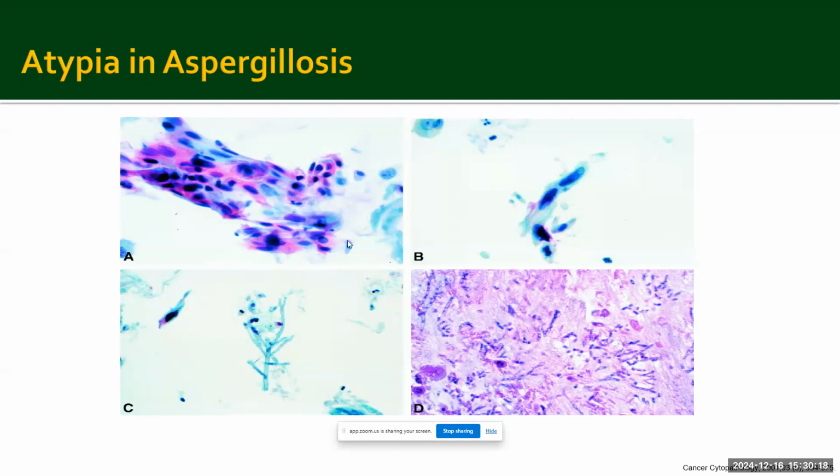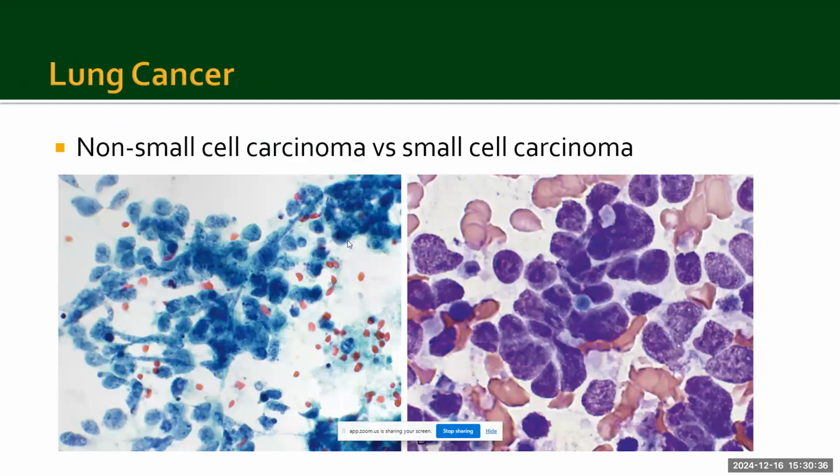And I say a clinical follow-up after adequate treatment is suggested, so that the patient still gets followed up after the aspergillosis has been treated. This was one of the articles published in Cancer Cytopathology in 2001, which describes the atypia seen in aspergillosis. Now let's move on to lung cancer.